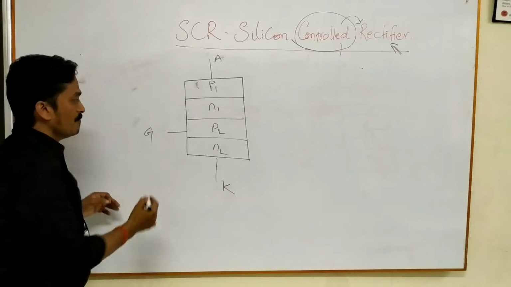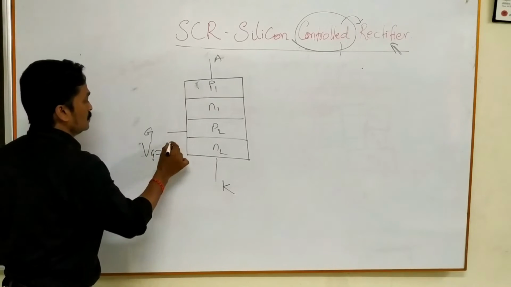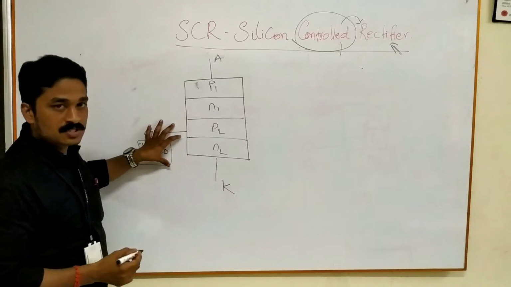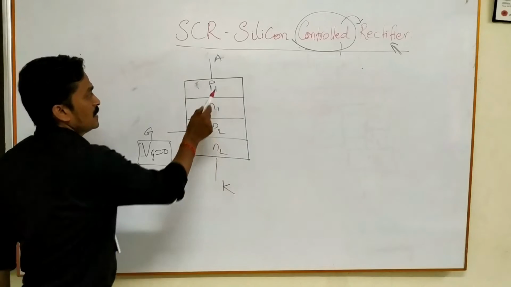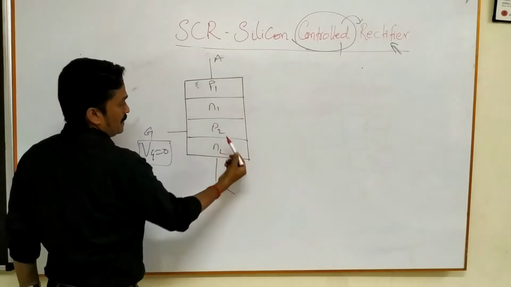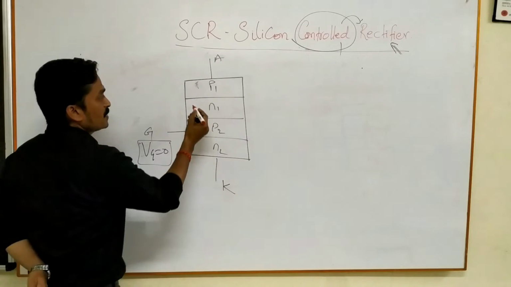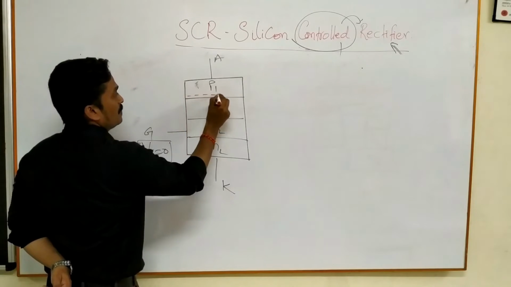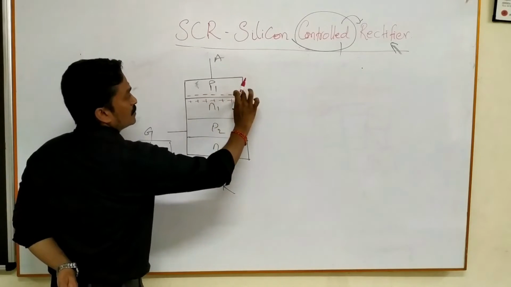As of now, we will assume that VG is equal to 0, which means the gate is open, not connected. Now, when we have junctions like this, P1, N1, P2, N2, the depletion layer will form. It means negative will be forming this side and positive this side for this junction.